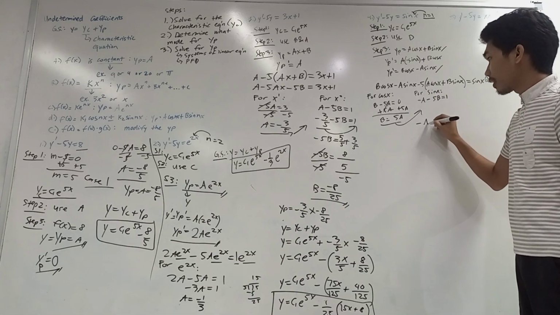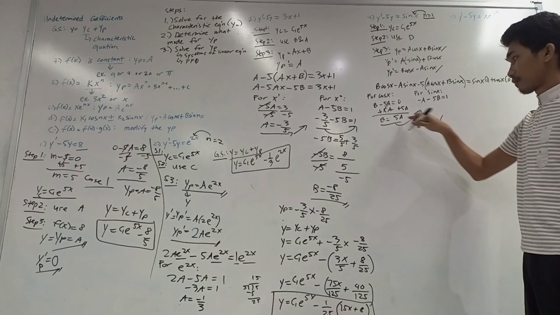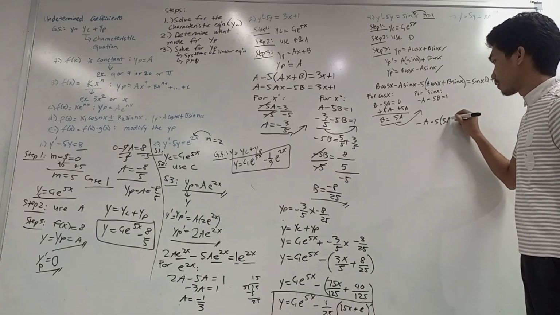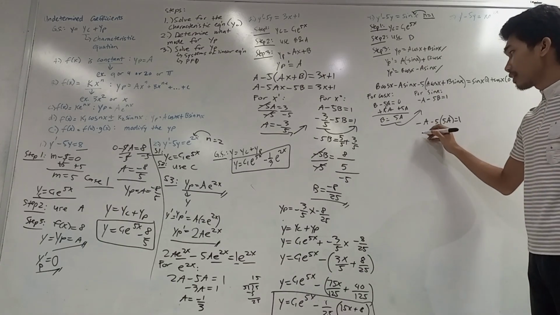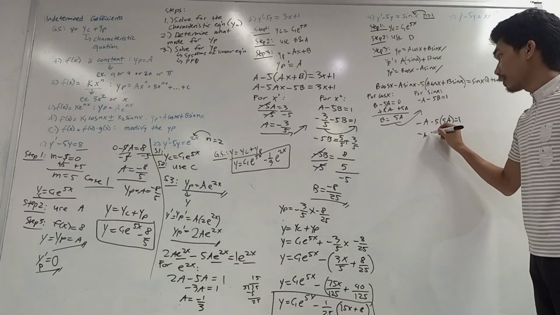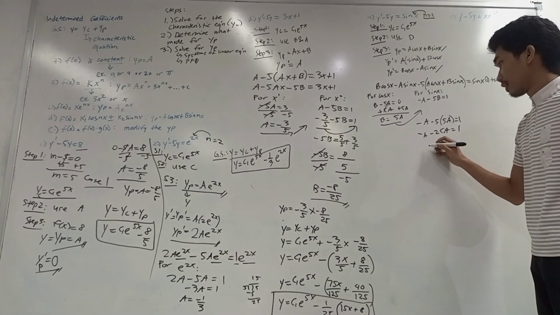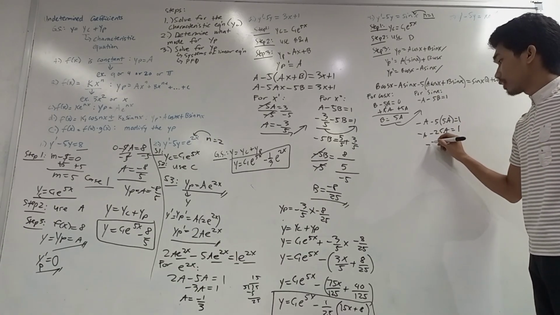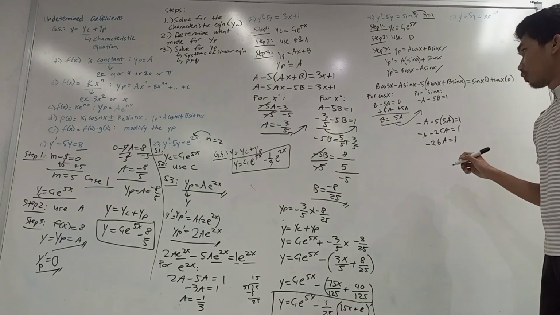So, negative a minus 5a is equals to 1. Simplifying, negative a minus 25a is equals to 1. Summarizing, so negative 26a equals to 1.